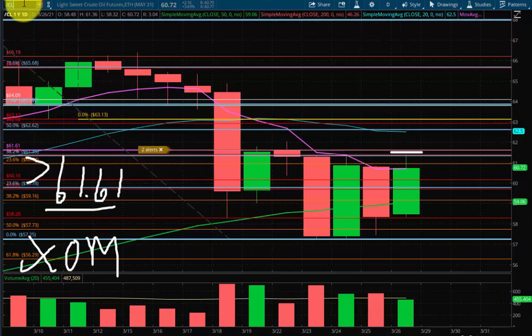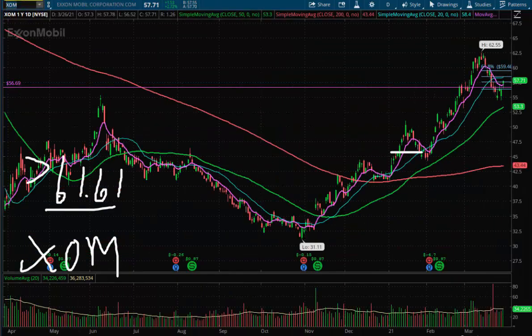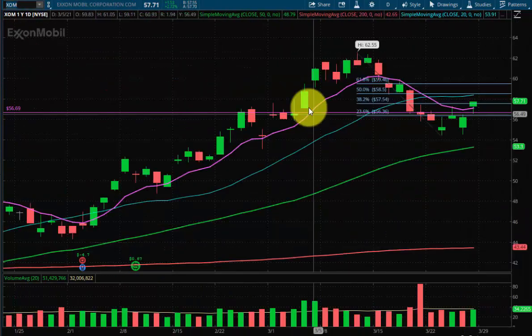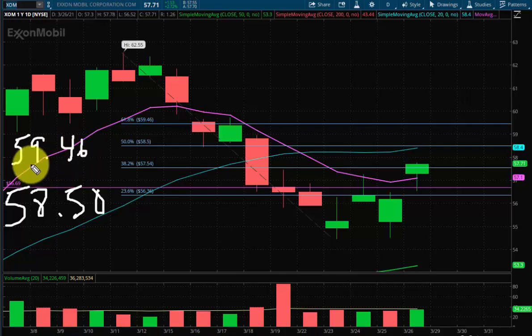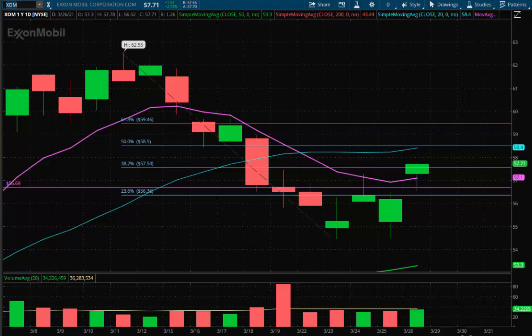XOM has a decent chart, and the targets we're using are 58.5, 59.5, roughly 59.46.